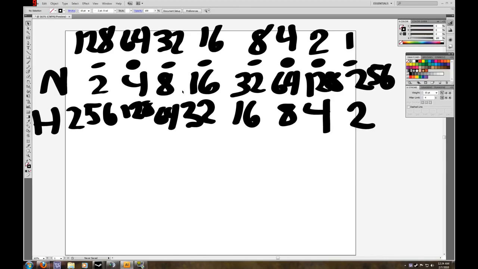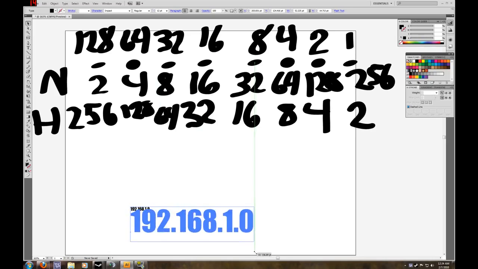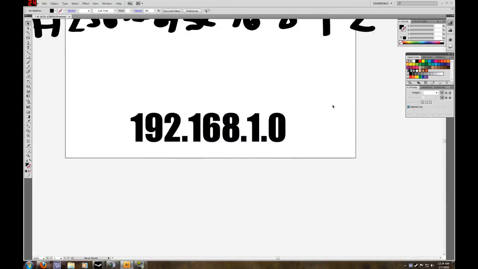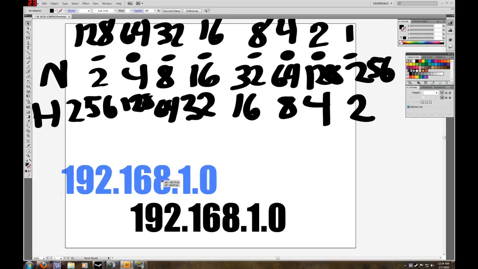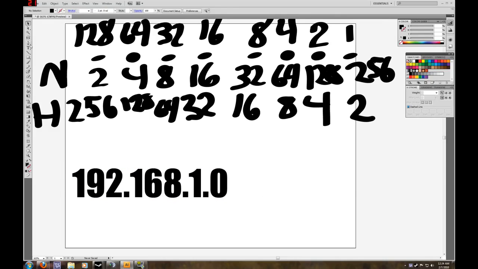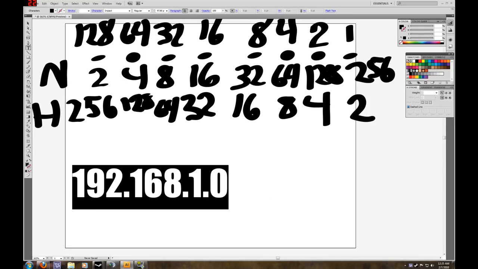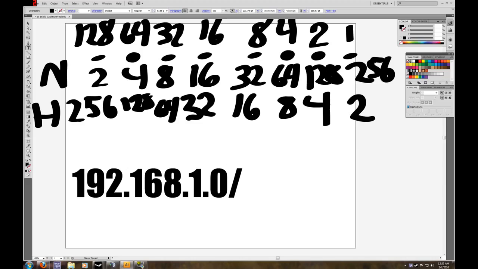So say we're working with the address 192. For this example, this is what we're going to be using. We have the address 192.168.1.0, and our subnet mask, doing a slash notation, is /24.